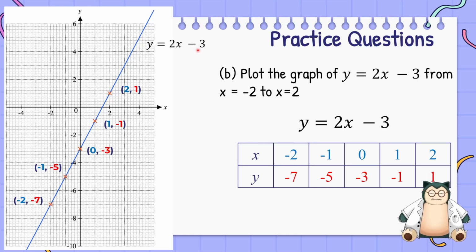Is that okay? So this is normally a common question that will come out in your learning review or your EOY. How are the marks awarded? The 1 mark is given for the proper plotting of the points. So as long as all the points are plotted correctly, you get 1 mark.